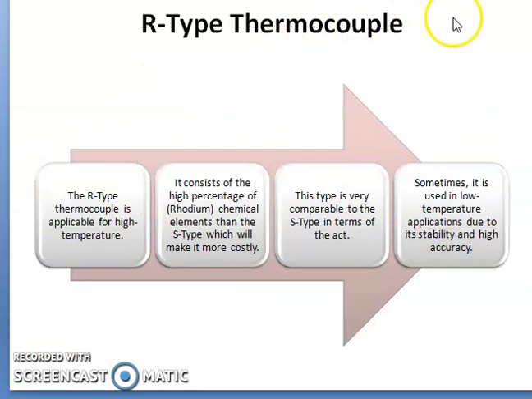And coming to the R-type thermocouple, it is applicable for high temperatures and it consists of a higher percentage of the chemical element rhodium than the S-type, which makes it more costly. This type is very comparable to the S-type in terms of accuracy. Sometimes it is used for low temperature applications due to its stability and high accuracy.